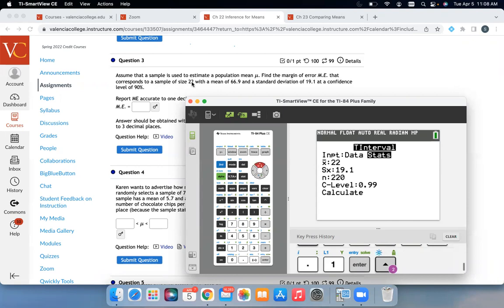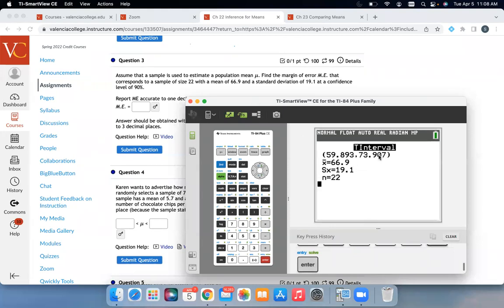That was sample size there. There's sample mean, 66.9. Sample size was 22. My confidence level is 90%. That will be 0.90. Hit calculate. We're done. There's our confidence interval right there.